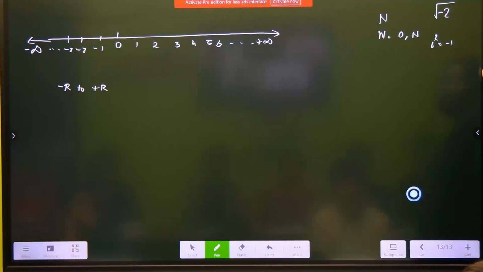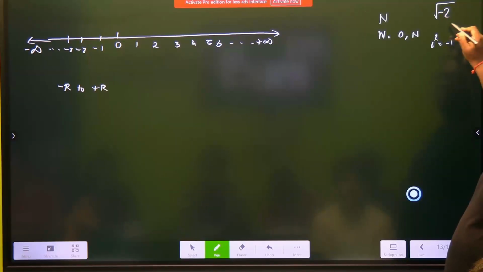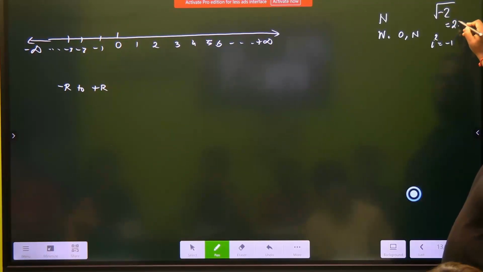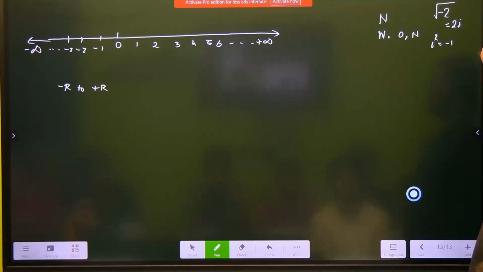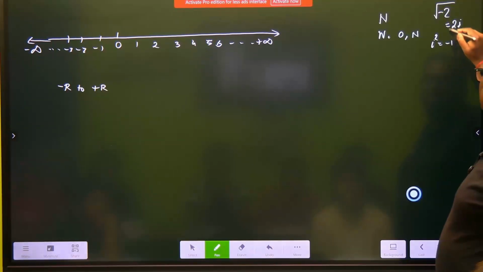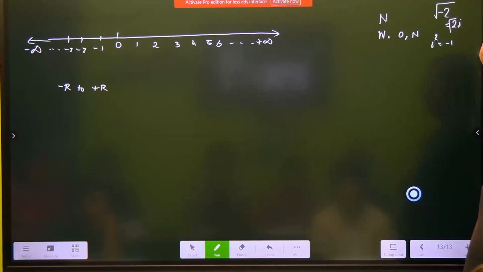This starts opening up your imaginary numbers. Like this number will be represented as root 2 i. I square is -1, so what is i? Root of -1. So this will be shown as root 2 i, not 2i.